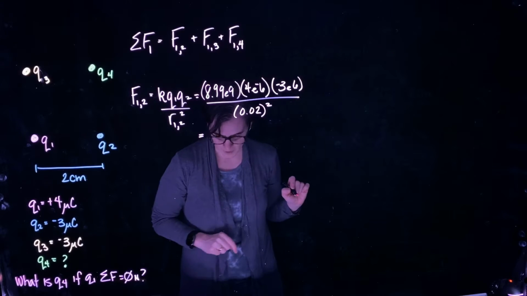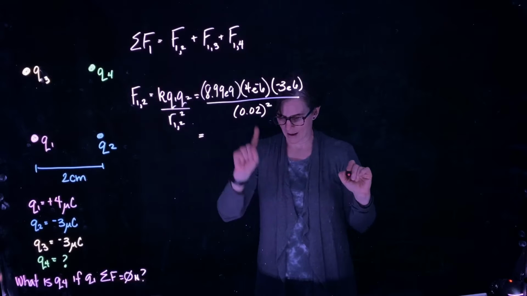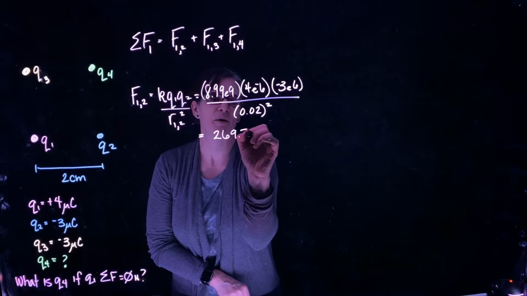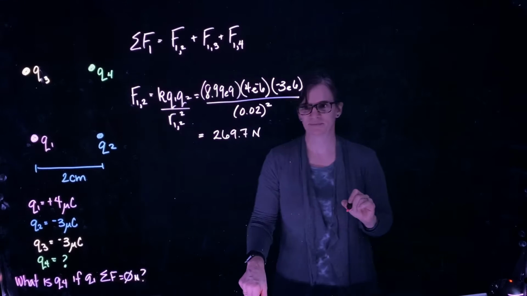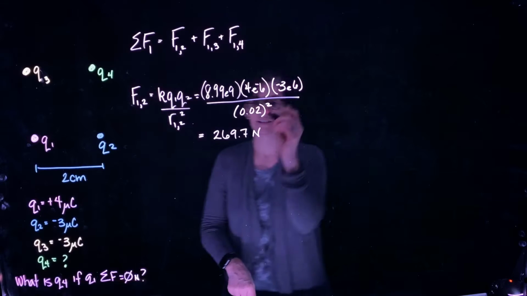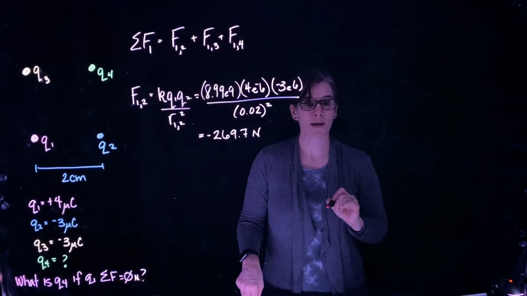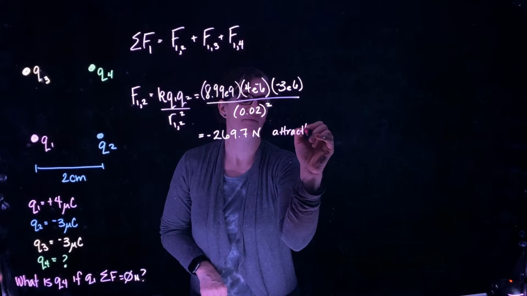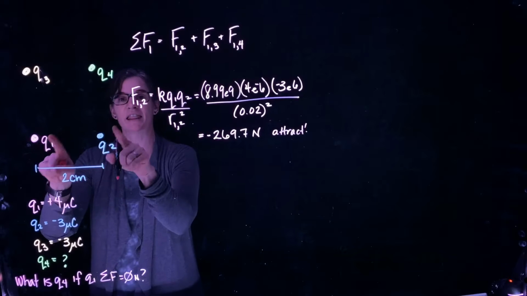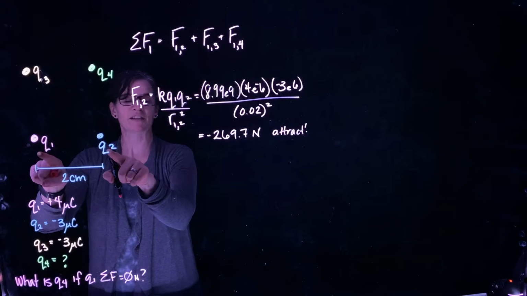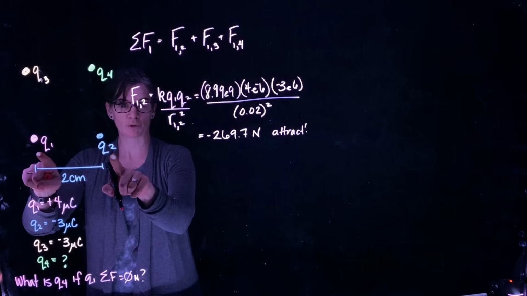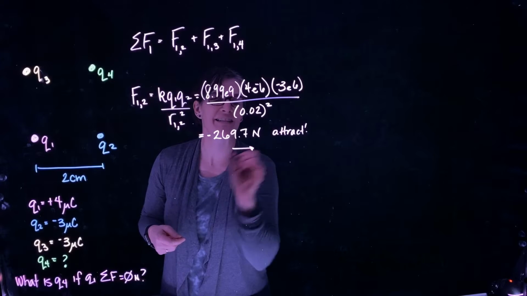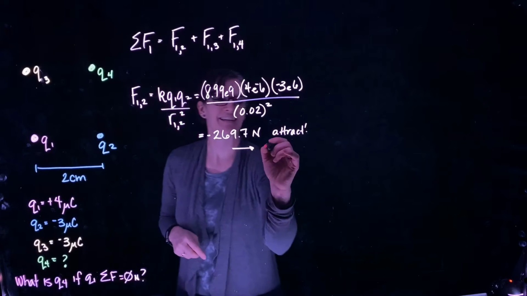So what is my force on 1 by 2? 269.7 newtons. Now, it's negative, which tells us what? It's attractive. So if I look at this image, Q1 is feeling an attractive force to Q2. Attractive for Q1 means it's to the right. So this is 269.7 newtons to the right.